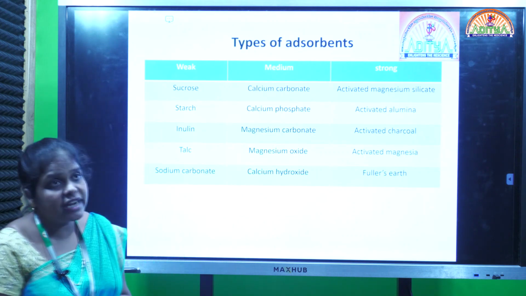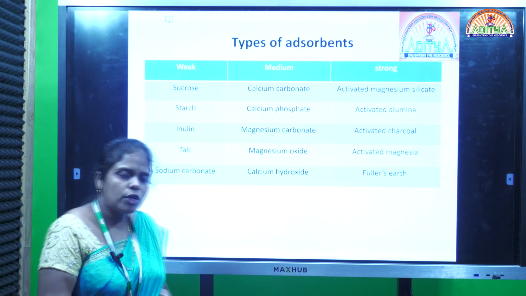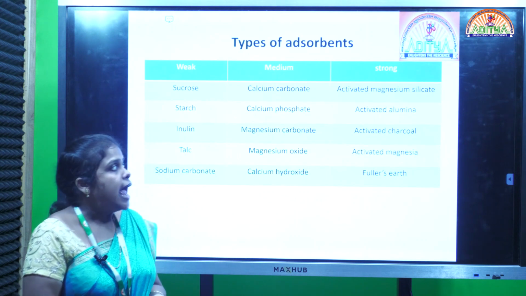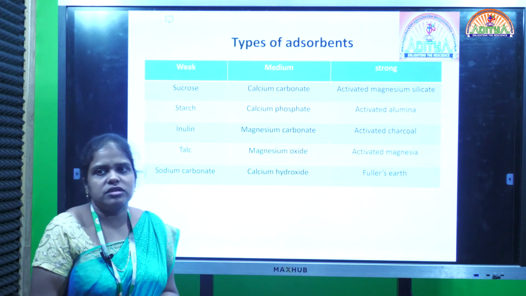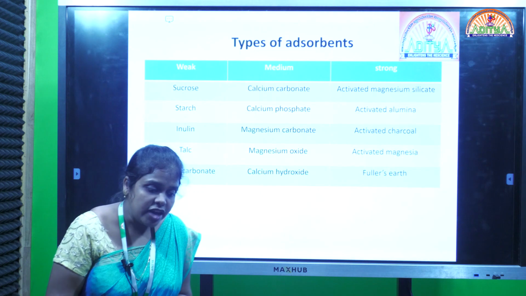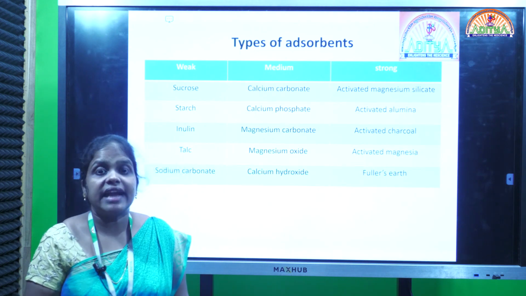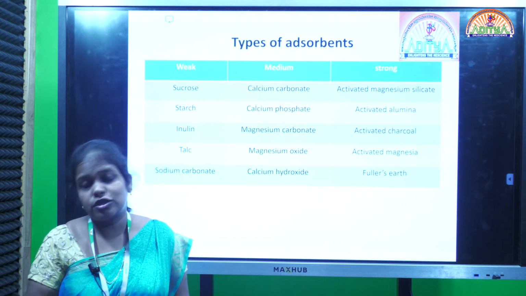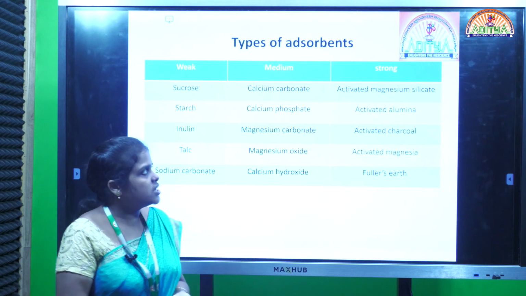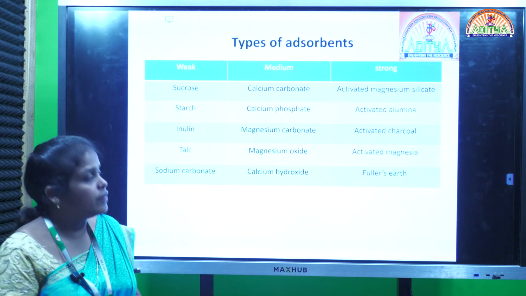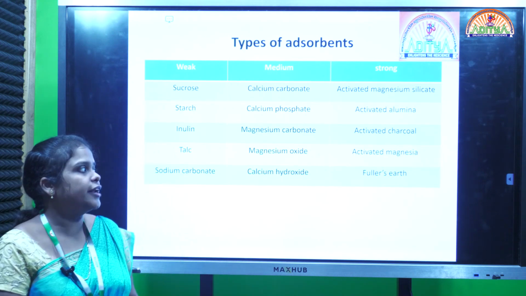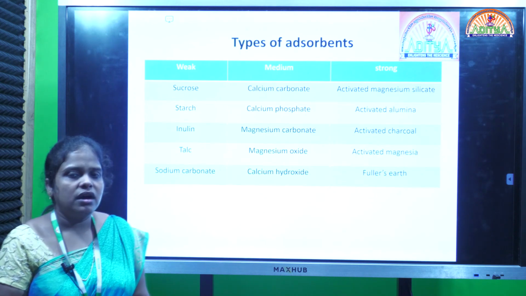Those are calcium carbonate, calcium phosphate, magnesium carbonate, magnesium oxide, like that. And coming to the strong adsorbents or strong stationary phases, that means if you are using those, they can act as a stationary phase or adsorbent very efficiently. Those are activated magnesium silicate, activated charcoal, activated alumina, activated magnesia, all those things.